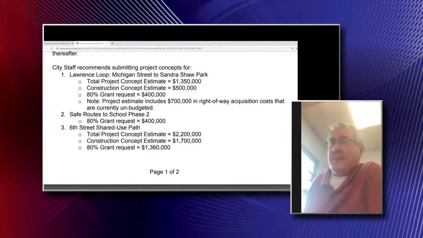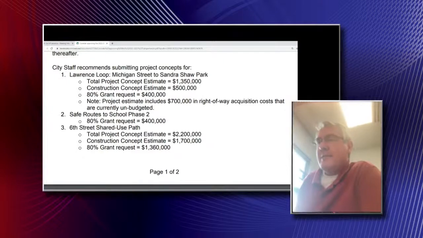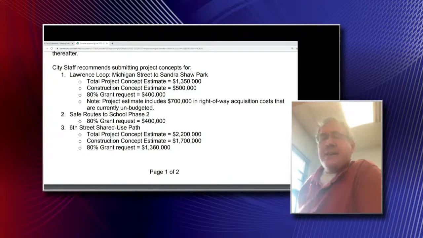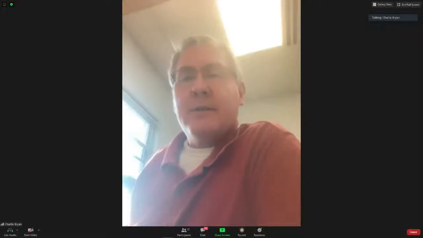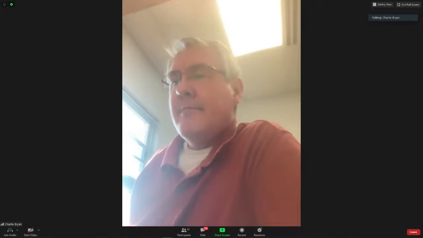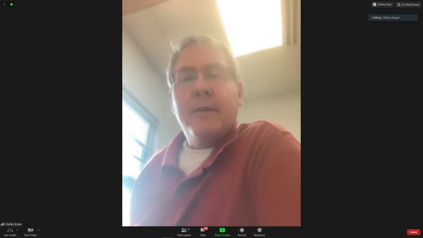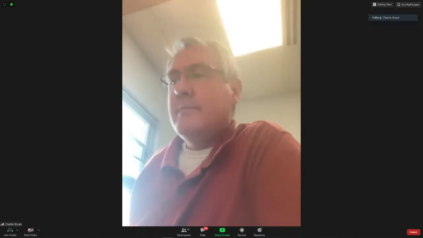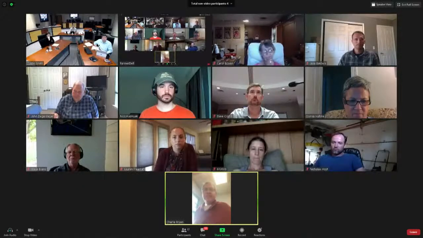The Lawrence Loop has no path that people could use, so I think that's a higher priority because it increases access. I'm not sure, if the state didn't give us any other feedback, why we would prioritize the 6th Street shared use path, unless they indicated it stands a better chance this time around. That's all I got.